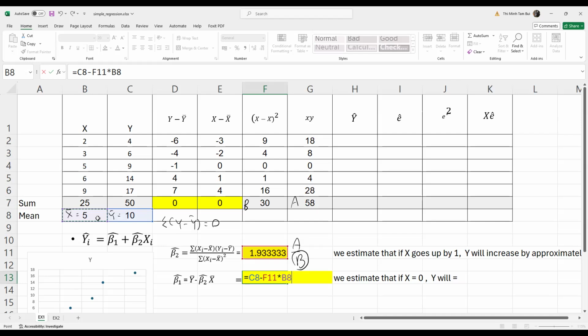Okay, so equal y bar is here, minus slope, multiply, star, x bar, and the mean, average.